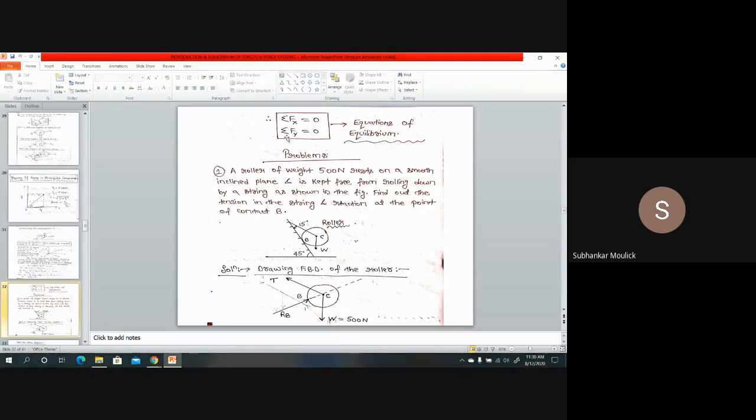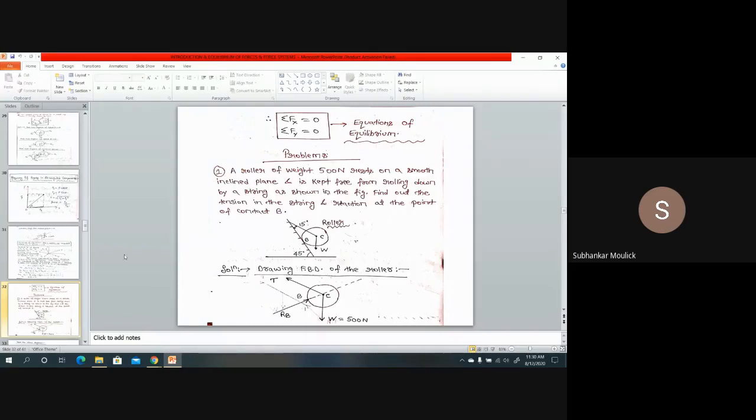But you have to solve each and every solved problem of the book, so that you gain confidence and are able to solve problems easily. Okay. Let us solve problem number 1.